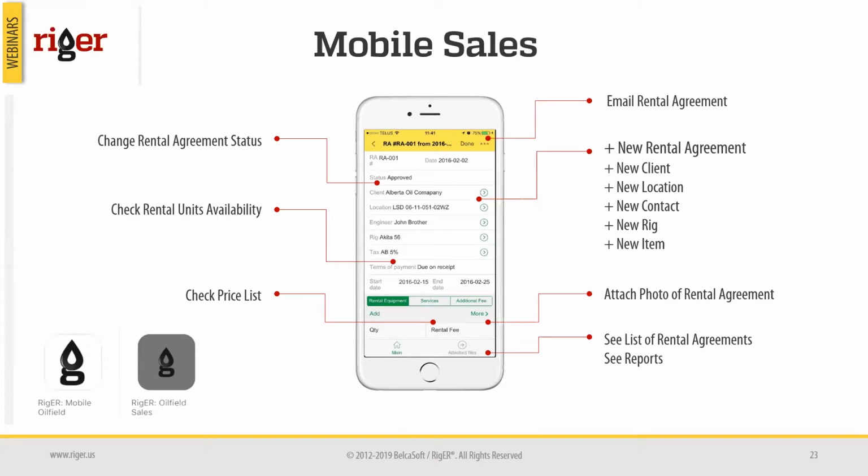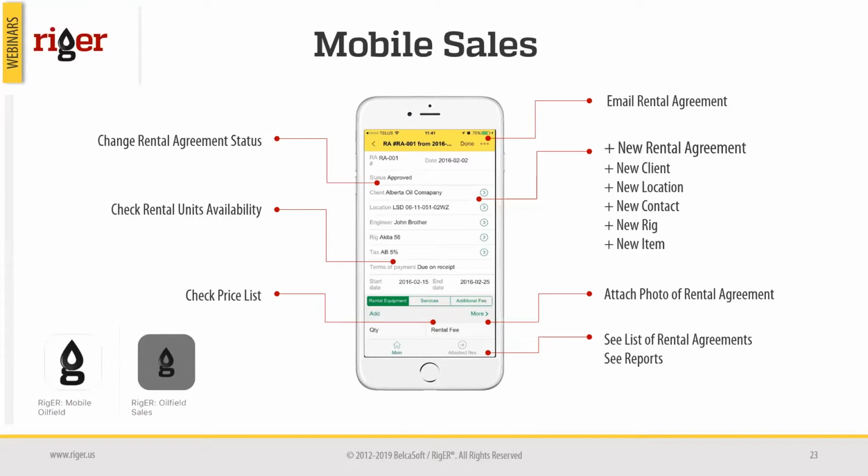It can be a lot bigger and not useful for a salesperson who only needs to focus on several types of documents like rental service agreements and quotes. The Oilfield Sales app, on the other hand, does exactly that, and it provides the rental service agreement form and the quote for the salesperson to be able to just create one.